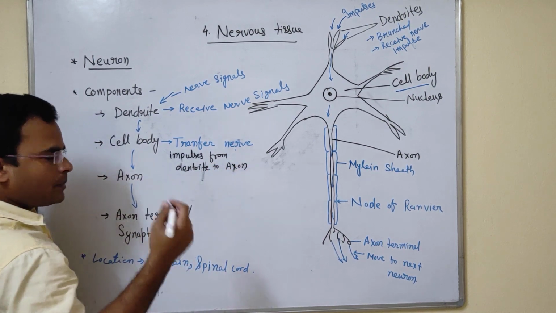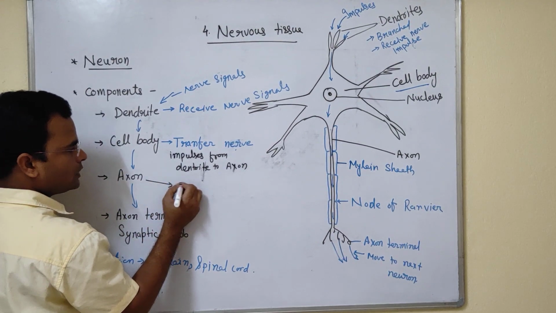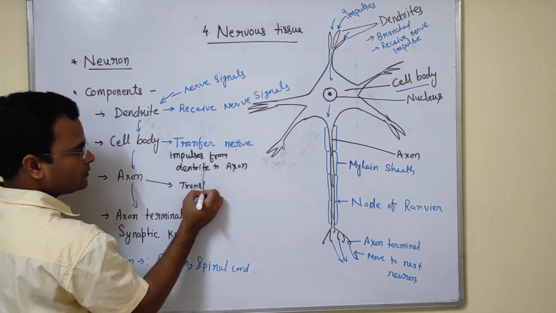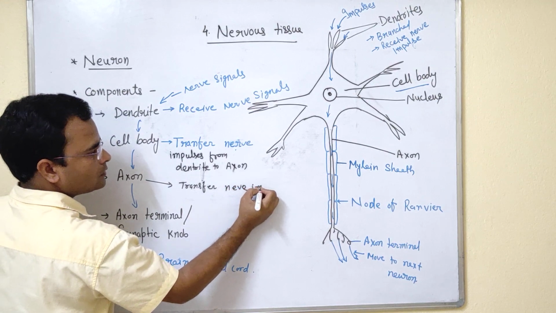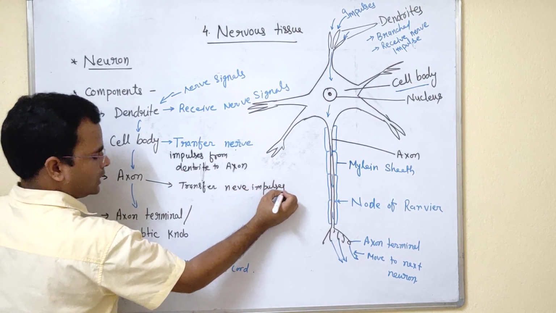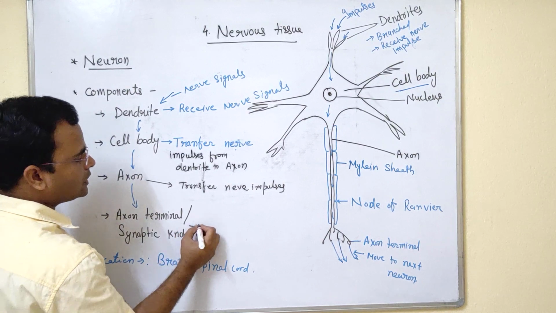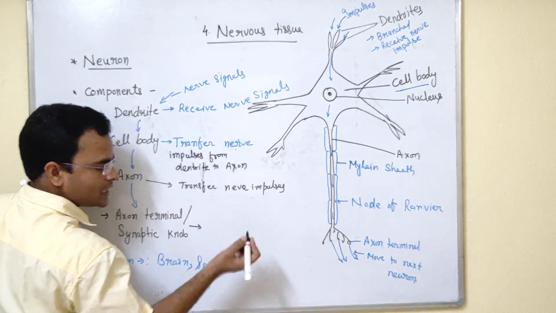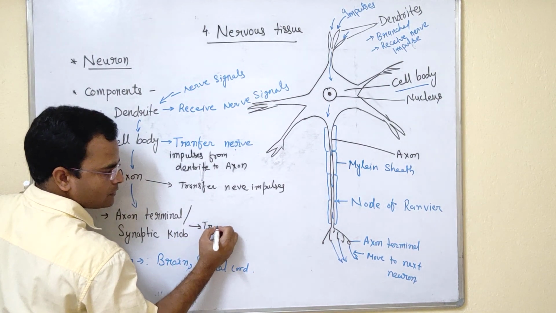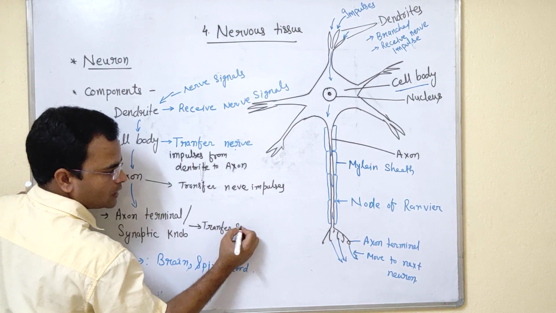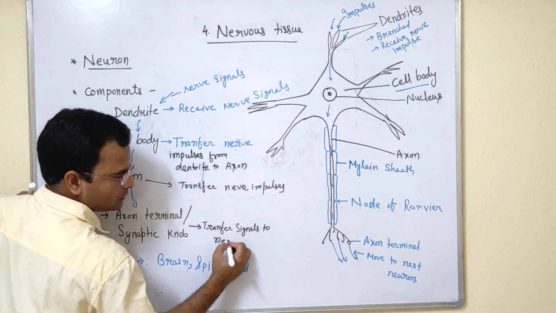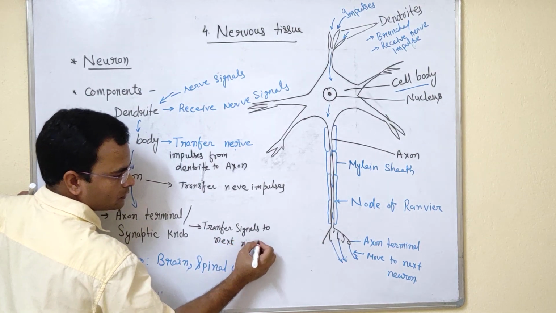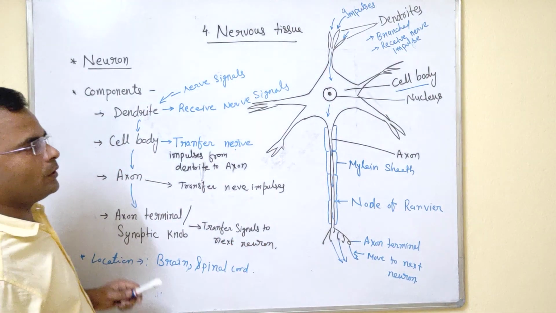Axon is the conduction part. It also transfers nerve impulses. And axon terminal, it will transfer signals to the next neuron, the next adjacent neuron.